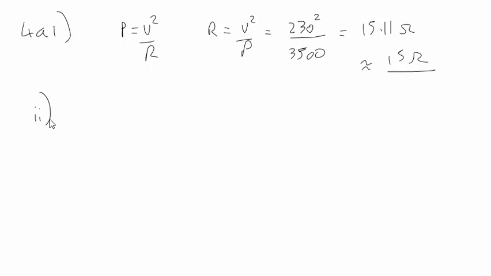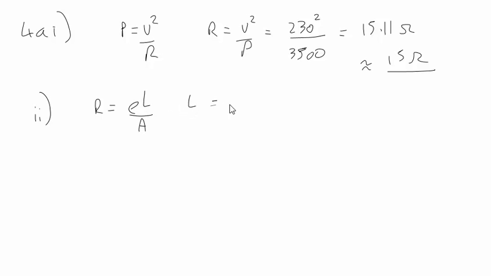In part 2, we're told the element is constructed from a metal of resistivity 1.6 times 10 to the minus 6 ohm meters with a radius of 0.55 millimeters. We're to find the length of wire in one element. Well, resistance is equal to resistivity times length over area.